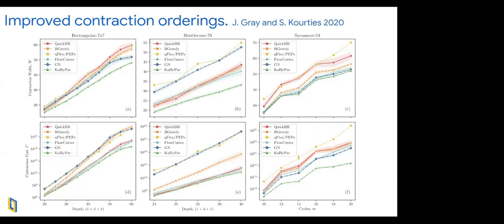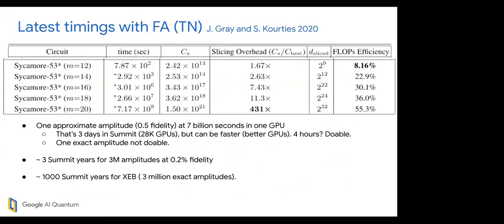The heuristic that works the best is the algorithm KaHyPar, which is based on community detection. The details are not incredibly important for this particular talk. The main point is that with these heuristics, they substantially improve the tensor contraction ordering, and consequently they improve the runtime significantly. So these are the runtimes that they report.